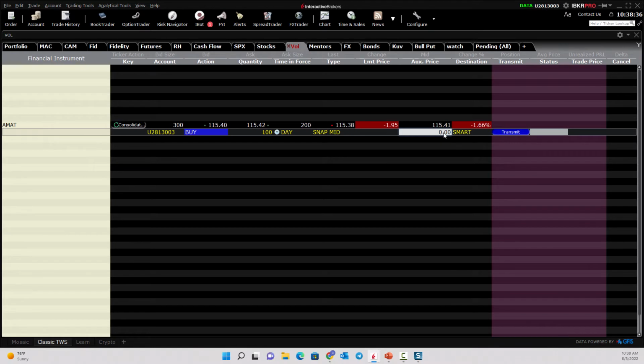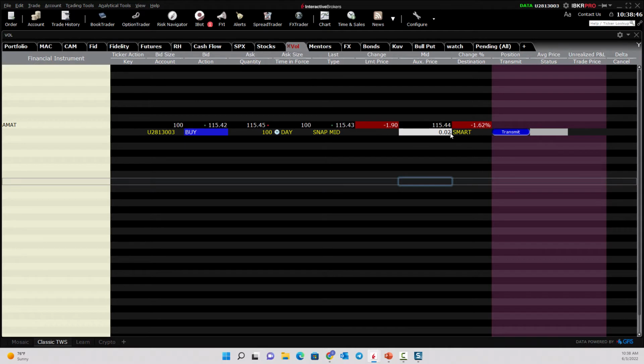So any offset you put in here, they assume you want to be at the midpoint and better, buying low or selling high. So if I put in a 2-penny offset, what that means is as soon as I transmit, it's going to go to the midpoint and then it's going to offset by 2.